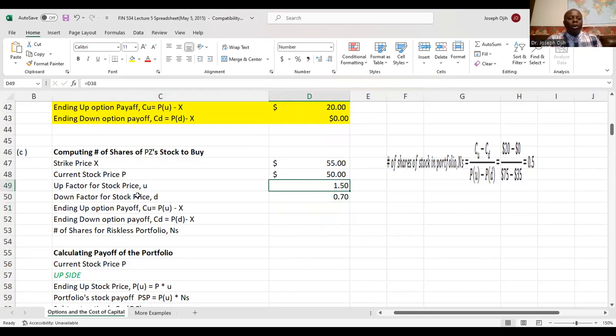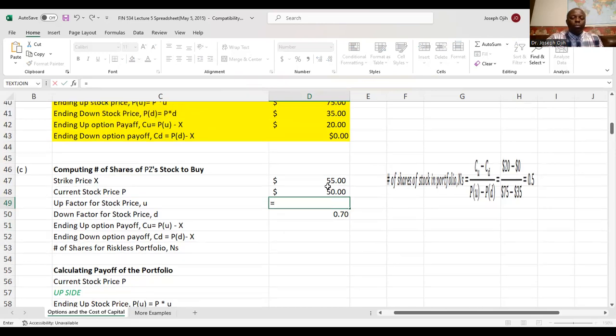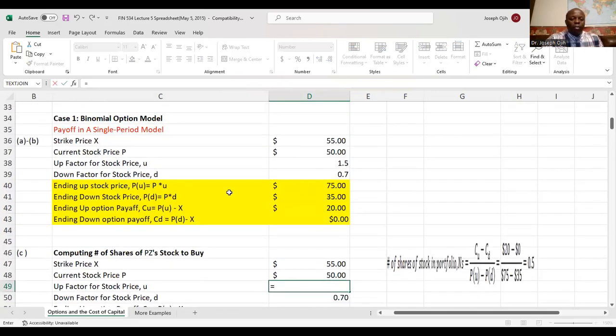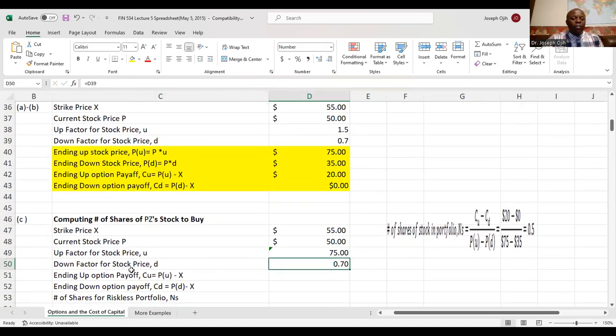What we need here is the stock price, not this one. We have it already here. Ending up stock price is $75. Then ending down stock price is $35 here. Remember? Okay, so I'm going to change them to currency.